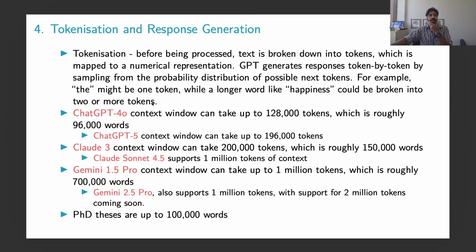The next thing that we're going to move into is tokenization. When it comes to tokenization, before being processed, text is broken down into tokens, which are mapped to a numerical representation. I said previously that how it works is it operates by predicting the next word in the sentence.